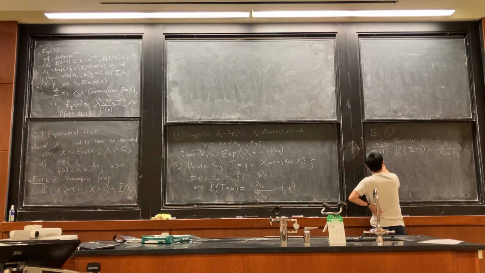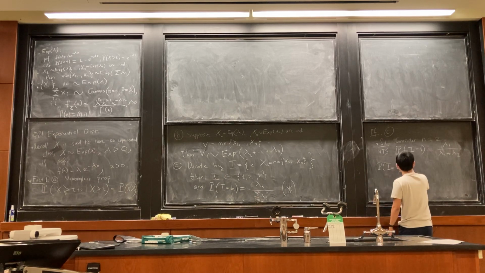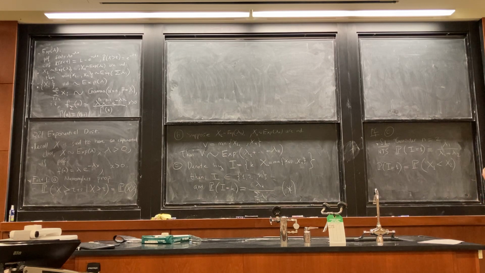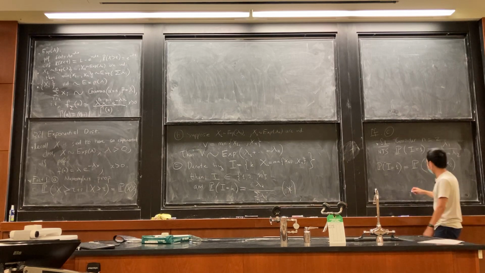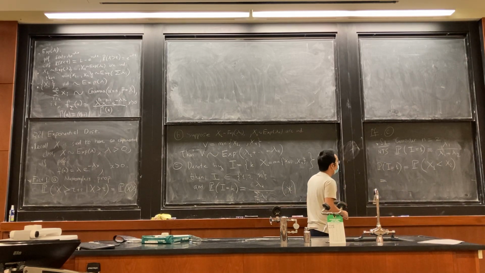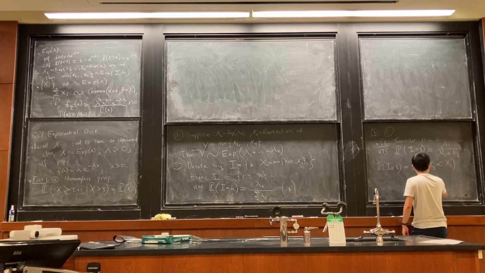The probability that the index of the minimum is 1 means I need X1 less than X2, and this is just a double integral. I want to sketch it out just to make sure.